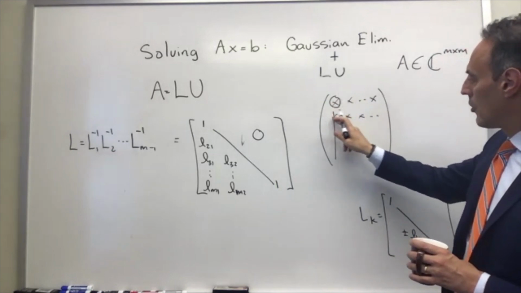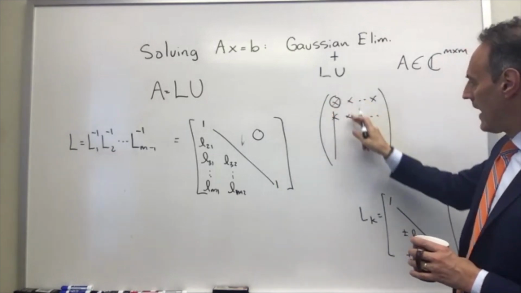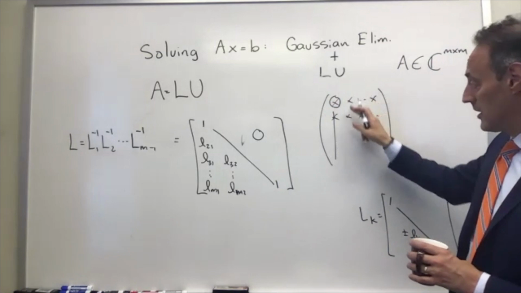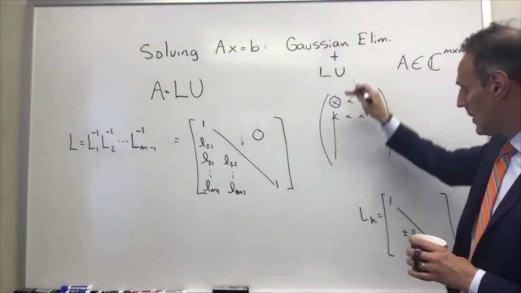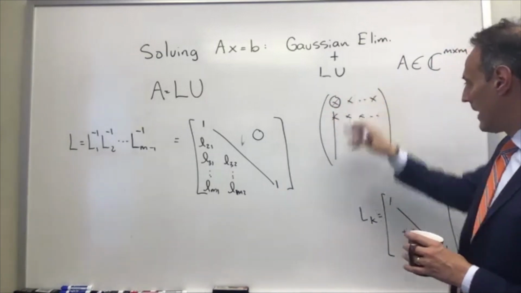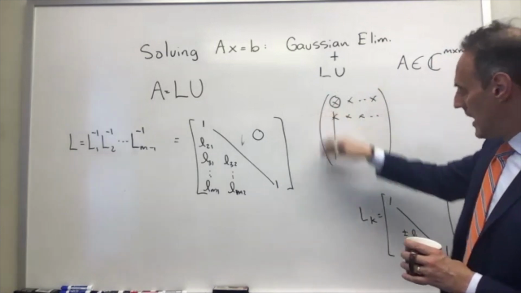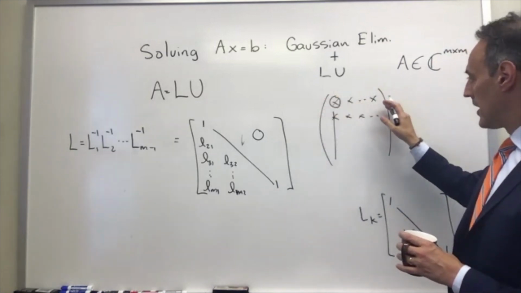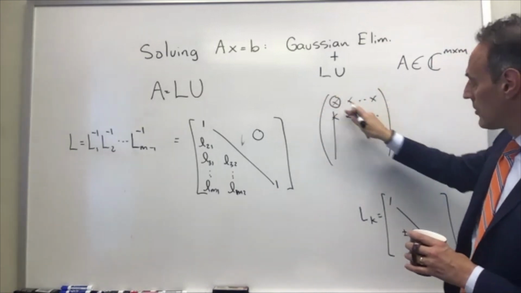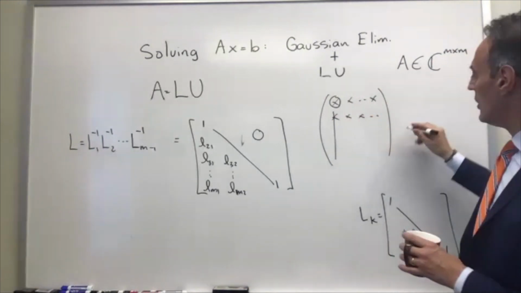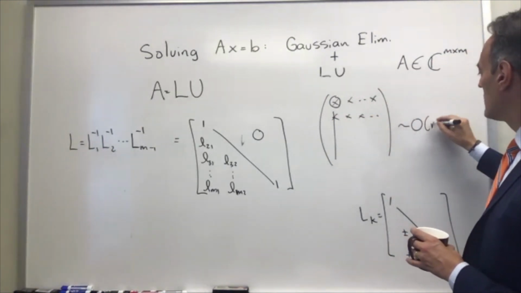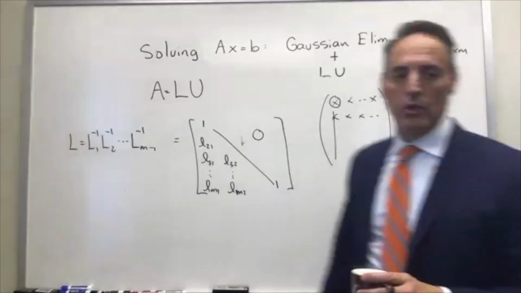I have to go row by row and add equations to the next row. So I'm going to go across this way and down this way. If it's n by n, I'm going to have n operations here, n operations there, so it's order n squared. But then I'm going to go down the whole diagonal, which is n of them. So this operation count is roughly order n cubed.